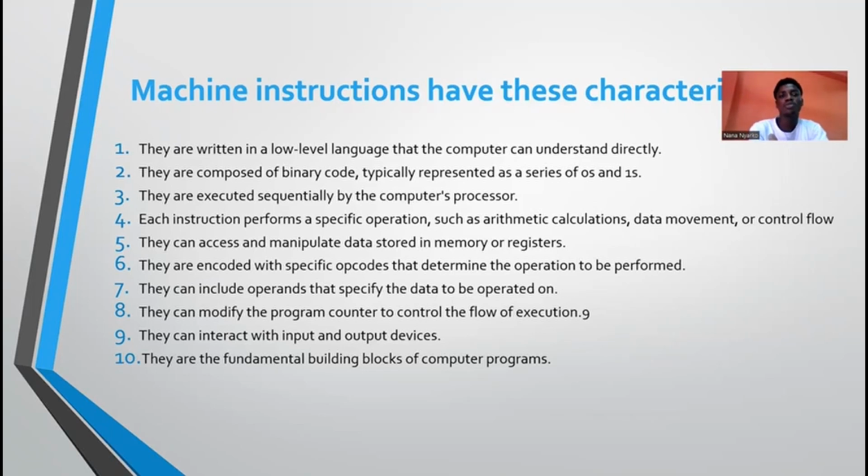The fifth one makes us understand that they can manipulate data stored in memory or registers. The sixth one is that they are encoded with specific opcodes that determine the operation to be performed. The seventh explains further that they include operands that specify the data to be operated on.